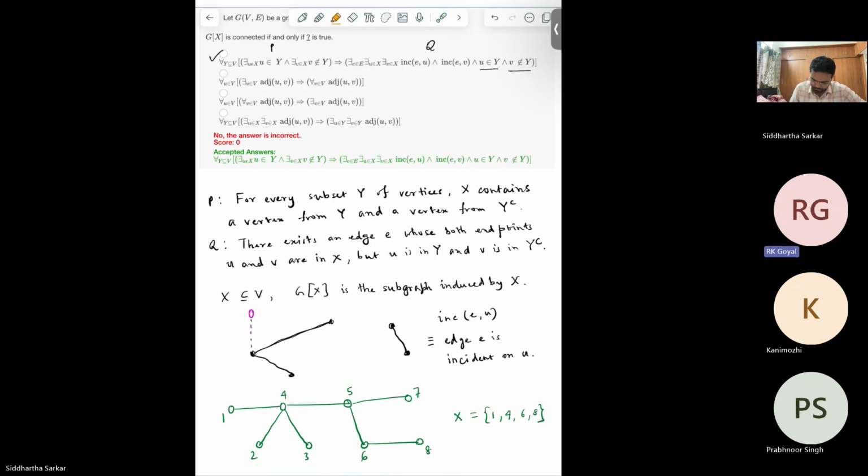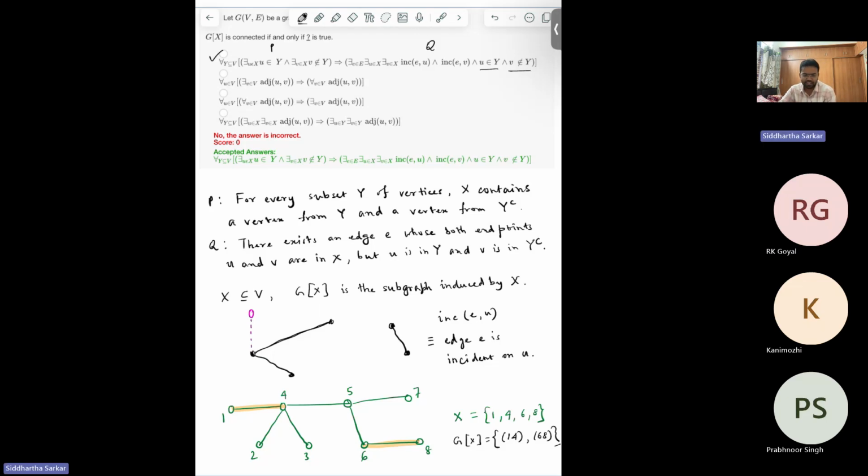It is all the edges which are there within these four vertices. So there are only two edges. So G of X is these two edges only, 1, 4 and 6, 8. That's all.